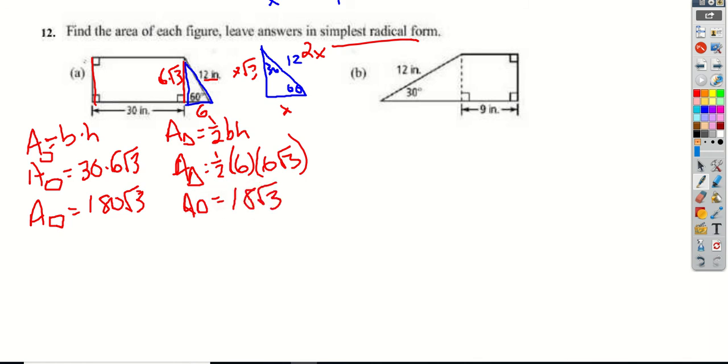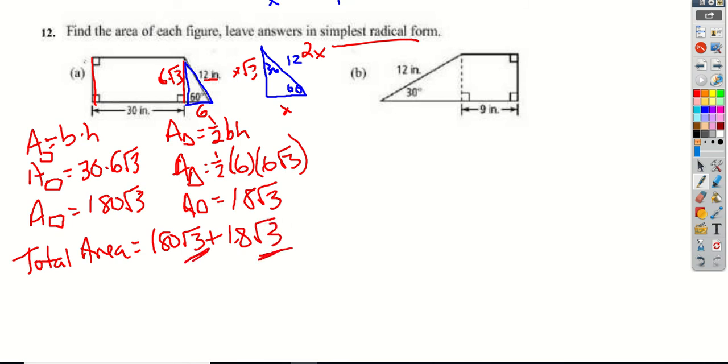And then for the total area, I'm going to add those together. So when I add radicals, it's just like adding x's, okay, or variables. As long as the radicands are the same, I can add them together. And I add the 180 and 18 to get 198, and then the radical 3. And that is my total area.